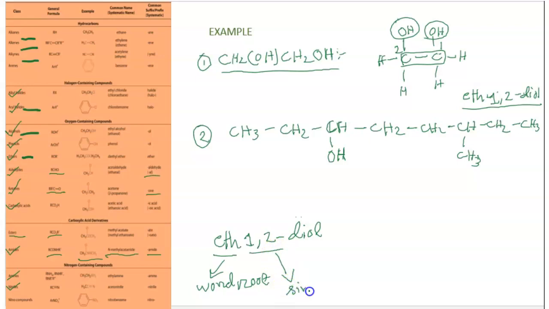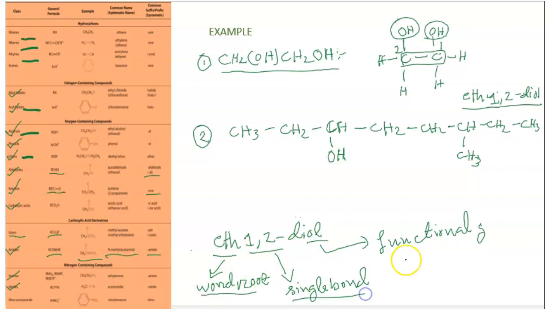And diol means this portion is the functional group. So first I have to write the word root, after that the single bond, and after that the functional group, and the prefix I will put before the word root, but here I do not see any prefix. So my first way is word root, second single bond, then functional group. This is the name of this compound.